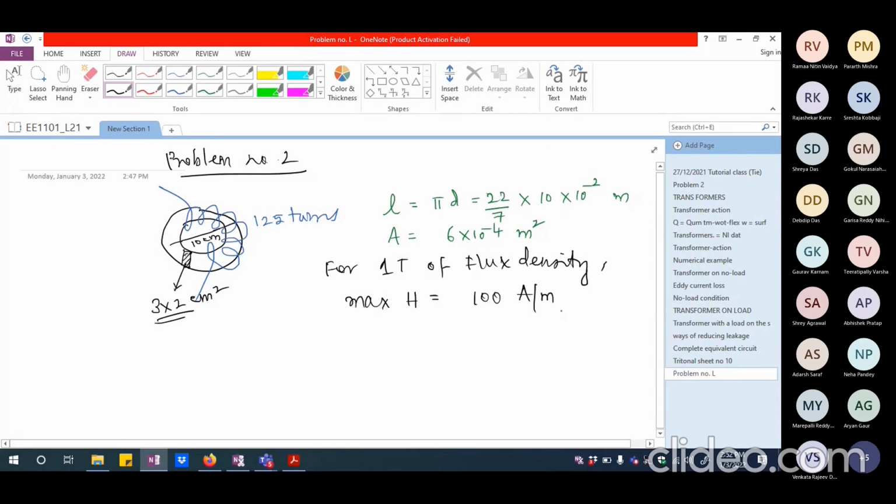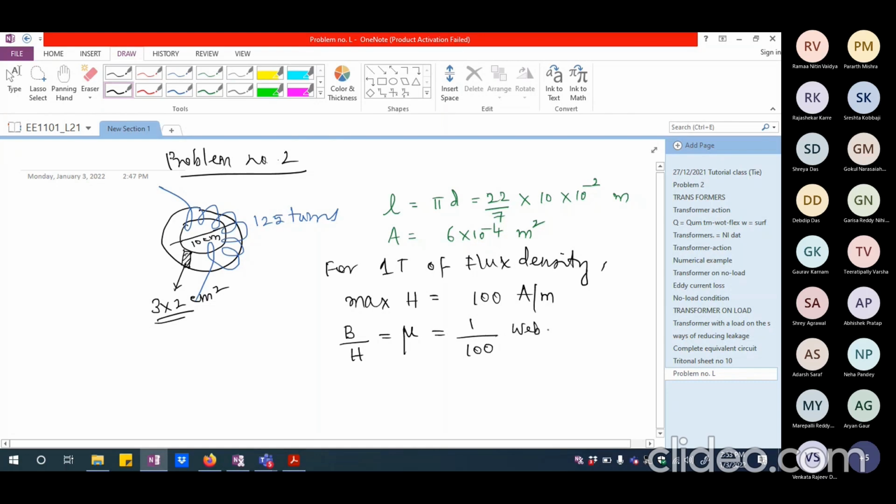So you should be able to calculate corresponding to this the value of mu. I can say B divided by H will give me mu. So that will be 1 divided by 100 directly. This is going to be the mu value.